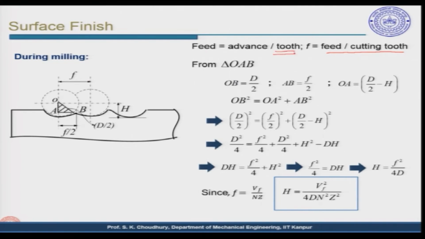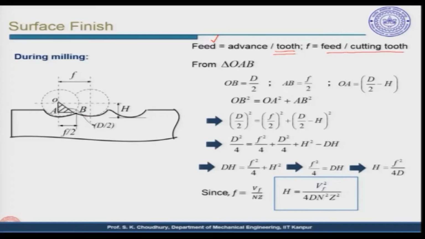In case of a single point cutting tool, the feed is the movement of the cutting tool, because there is only a single point. Here each tooth is considered to be a single point tool in case of a milling cutter. So, the advancement per tooth of the milling cutter is considered to be the feed in milling.